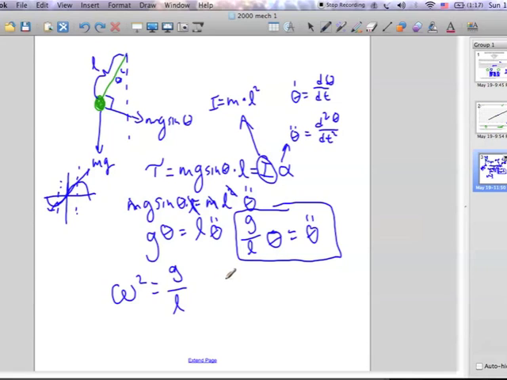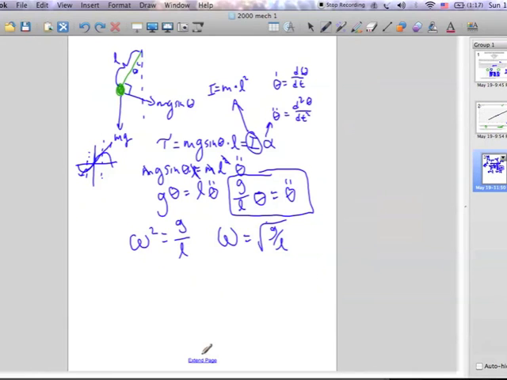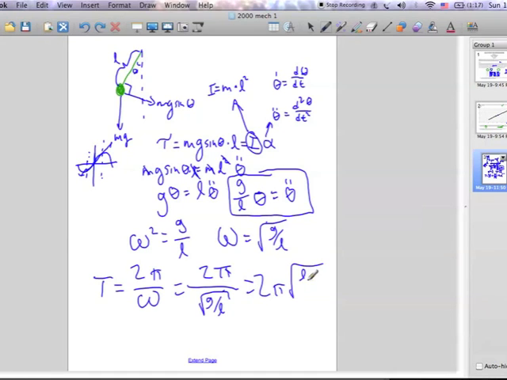And so omega equals root g over L. And so the definition of a period can be 2 pi over omega. So that would be, in this case, 2 pi over root g over L, or 2 pi root L over g.